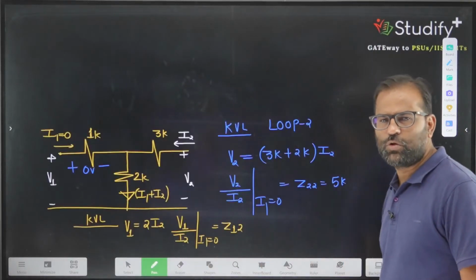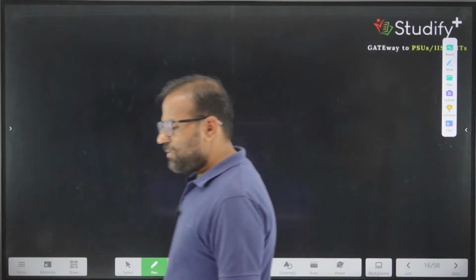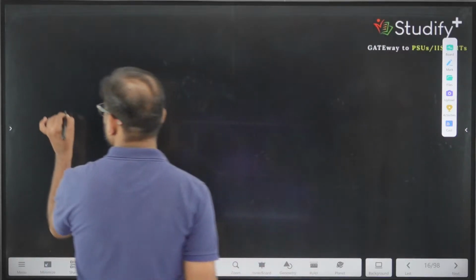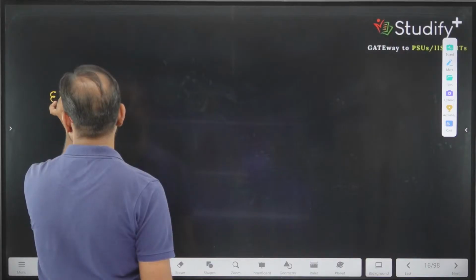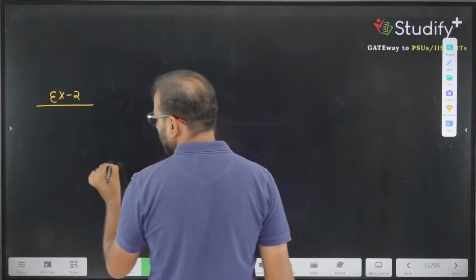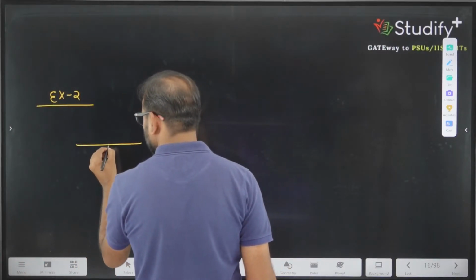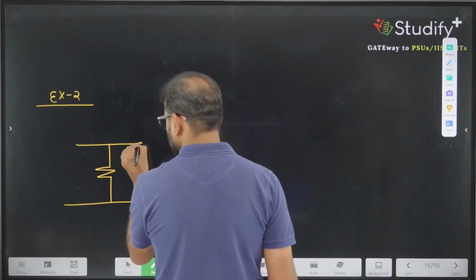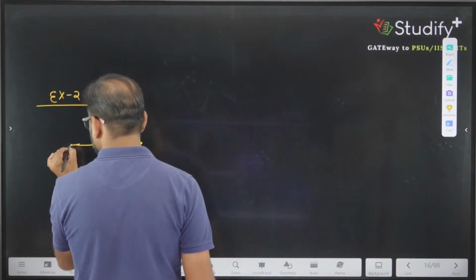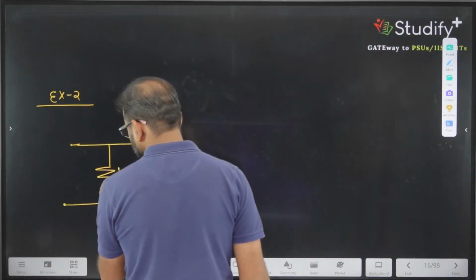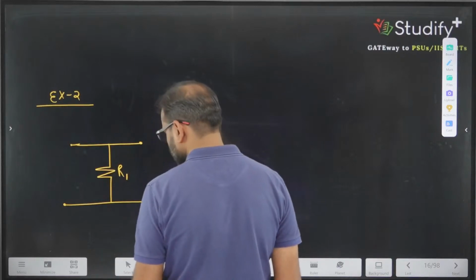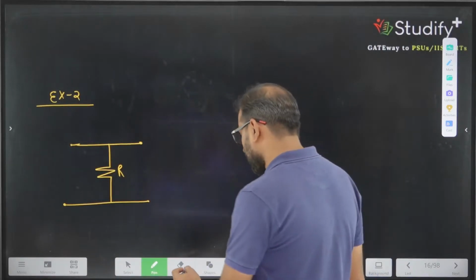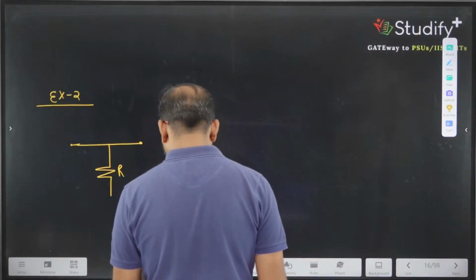Now let's calculate a few more two-port parameters. What is next? Next we have two-port example number 2. Let's calculate the two-port parameters for this network. This value is R. And we are interested in calculating the two-port Z parameters for this network.